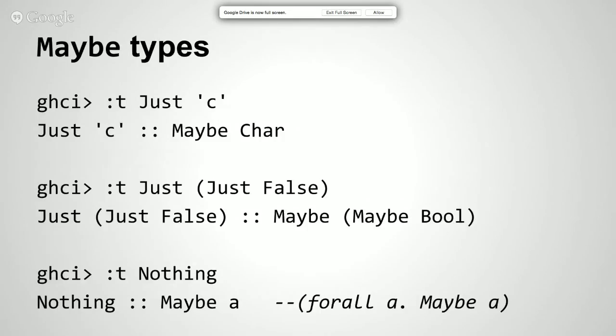So here are some examples. Just 'c' has type Maybe Char. Just False is a Maybe Bool. And Nothing is typed as a Maybe A because it doesn't have enough information to know what it's a Maybe of.